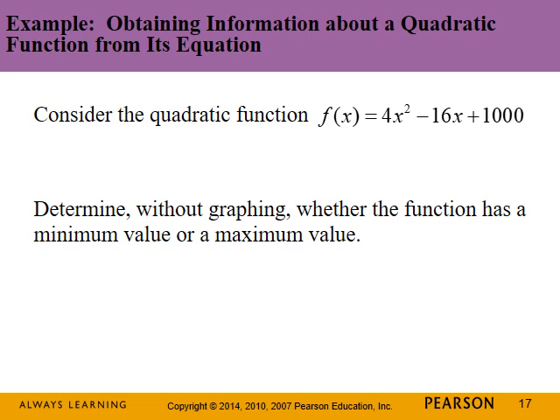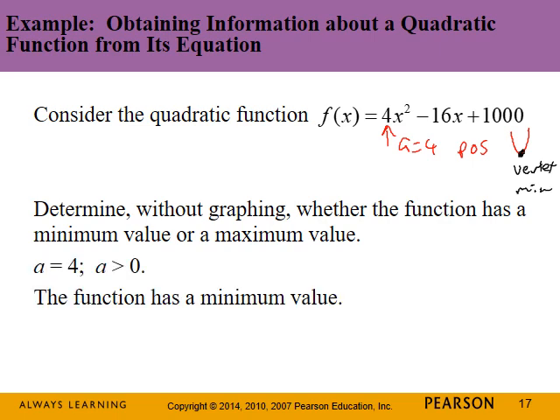Well, does it open up or down? Right here, that's your a value. A equals 4. Is that positive or negative? It's positive, and you know that positive means it opens up. If it opens up, it has a low point here. Your vertex is your minimum value.